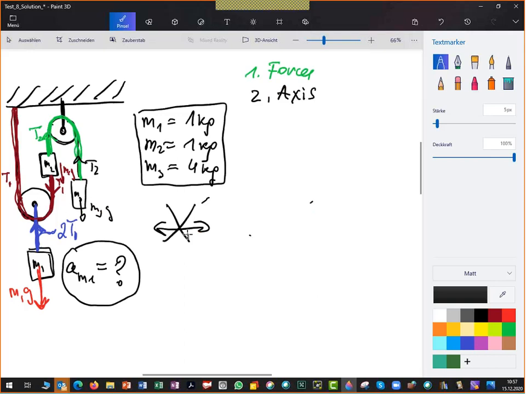Since all bodies move either upwards or downwards, I will just choose one direction. And you are the boss. You can decide which direction will be your upwards direction, so for example, your positive direction. So I will choose maybe, let me choose this direction as, let me see, what will be simplest.